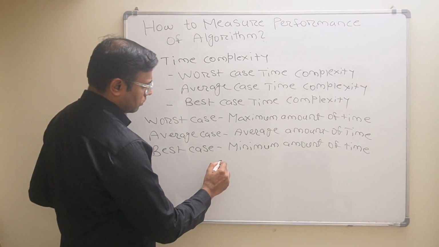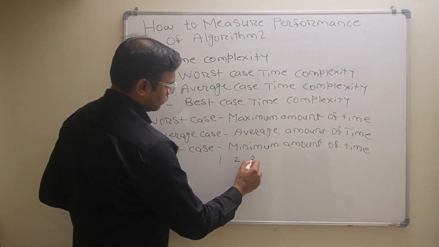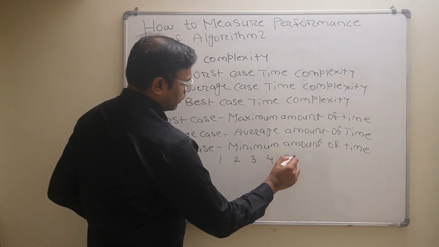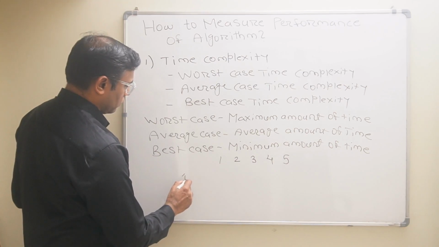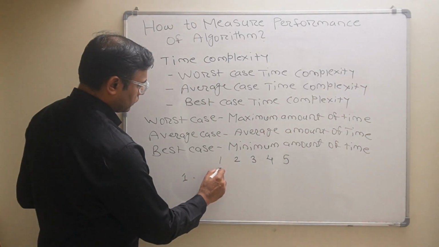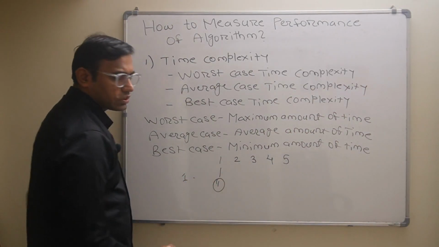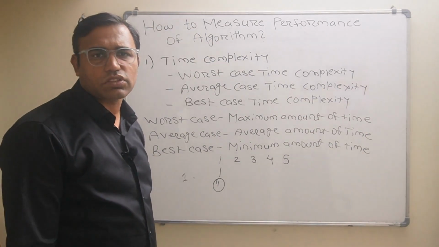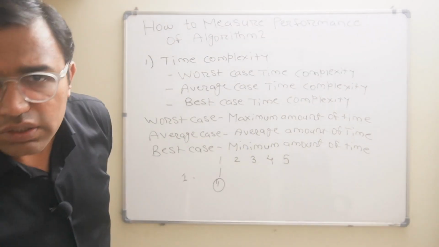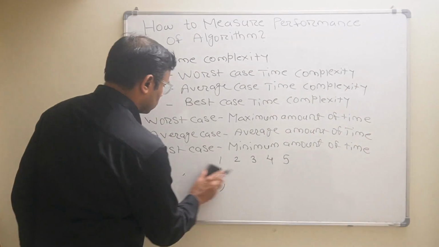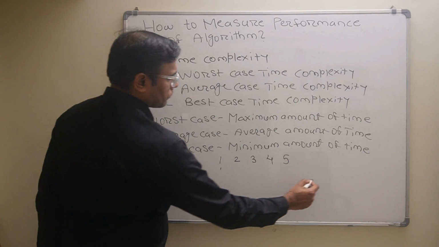Let us take one example. Suppose there are 5 elements: 1, 2, 3, 4, 5, and you are performing linear search. If you want to search for item 1, you will find it at position number 1. This is known as best case time complexity because it requires the minimum amount of time. Now suppose you want to search for 3.